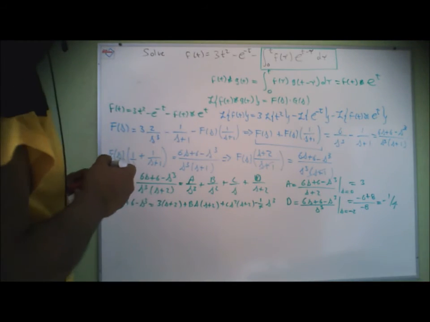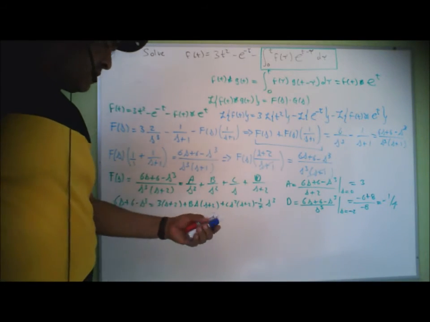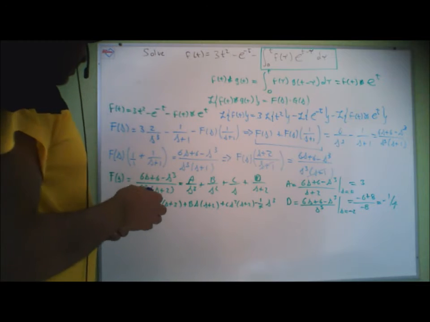So what we have to do is to choose some values to get B and C. Okay, so let's do it.